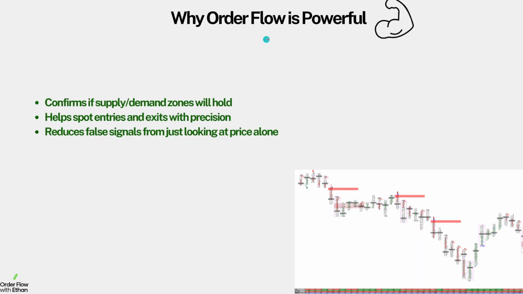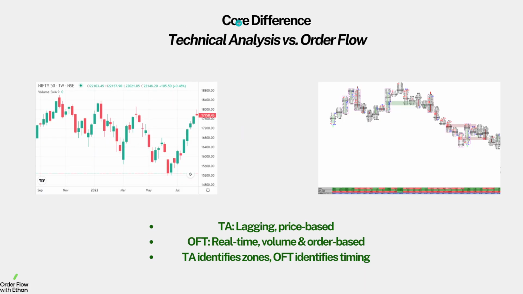So why is order flow so powerful? First of all, it confirms if supply and demand zones will hold. It also helps spot entries and exits with deep precision, and it also reduces false signals from just looking at the price alone.